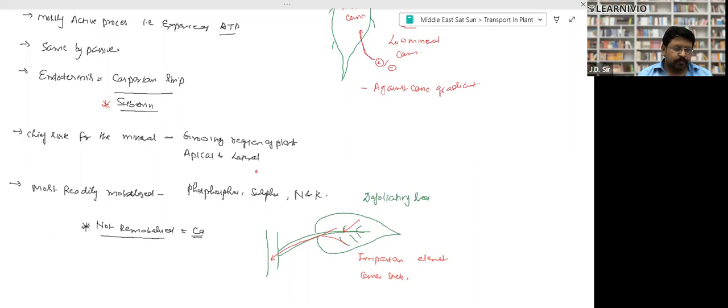Next one. Most readily mobilized elements are phosphorus, sulfur, nitrogen, and potassium, which are easily available.